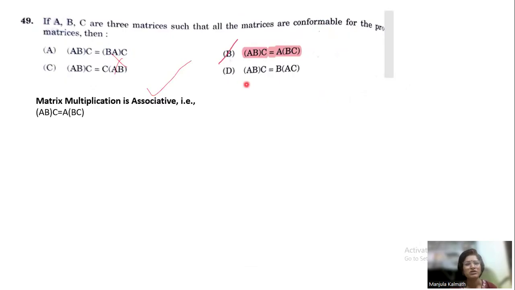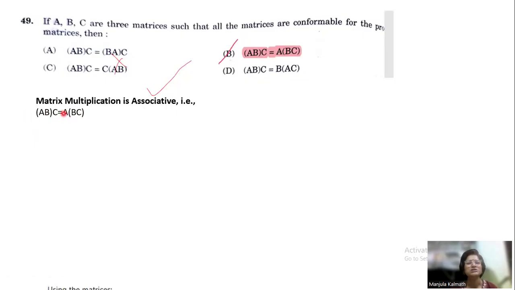So matrix multiplication is associative. What the associative formula says is (A into B) whole bracket into C equals A into (B into C). The property which it supports is called associative. Matrix multiplication will be supporting the associative property here.